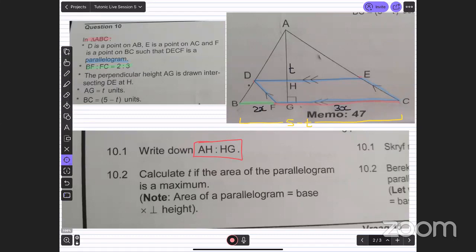What can you do? That DH is also 2x and HE is also 3x? Sorry. So you're saying that you can start using proportionality theorems, right? You guys agree? Because you've got parallel lines.